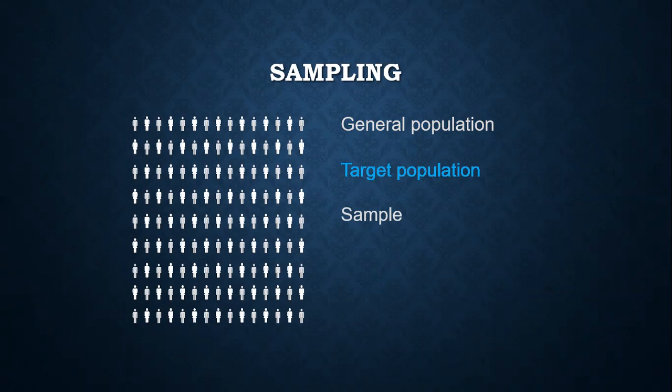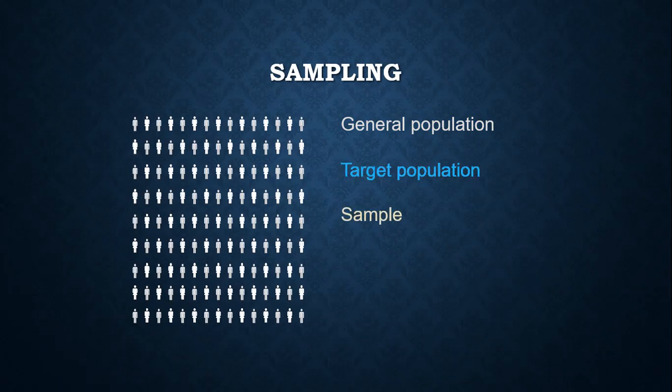But again, looking here on the screen, there are still so many 16 to 18-year-olds. It would still take a very, very long time to actually do a piece of research that includes every 16 to 18-year-old. So from our target population, we will extract our sample.